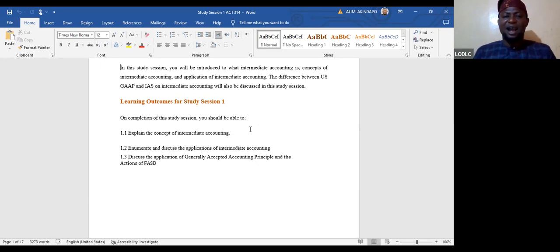The sentences are succinct and clear. They are measurable as well. Do you understand? They are meaningful and they can be achieved within the time frame. So that is what the learning outcomes are telling us. Students are expected to achieve the following at the end of this particular course. So that is that about the learning outcomes.